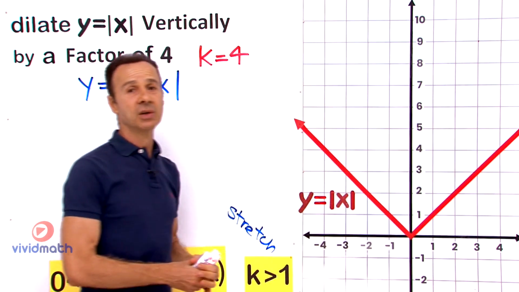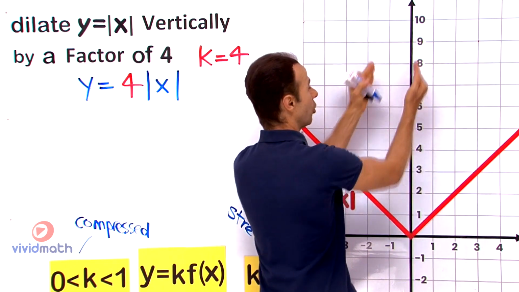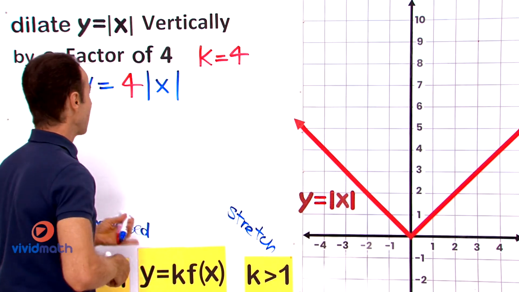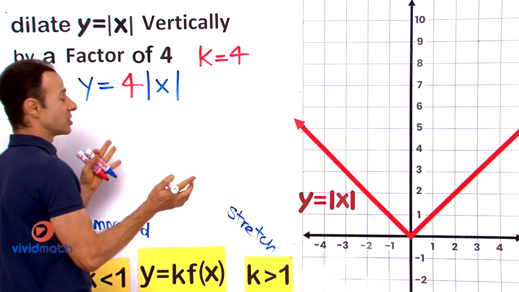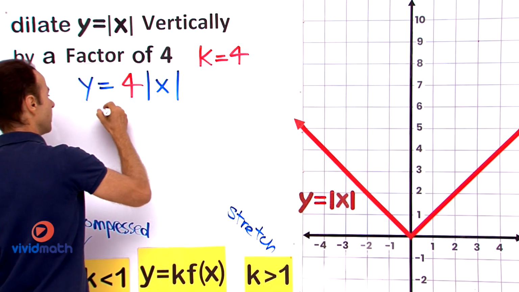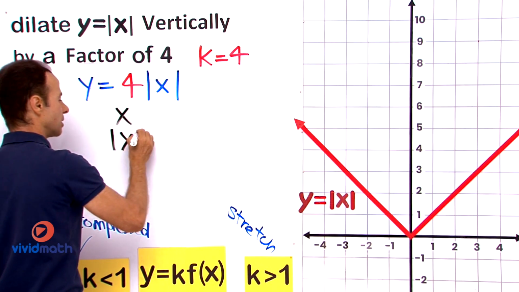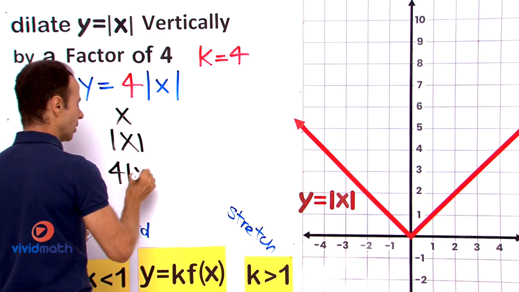It's probably going to go narrower and taller. So let's have a look what it's going to look like once we put a table of values. I'm going to compare this one with that one so we can see both of them. So we'll have an x value, and then the absolute value of x, and then 4 times the absolute value of x.